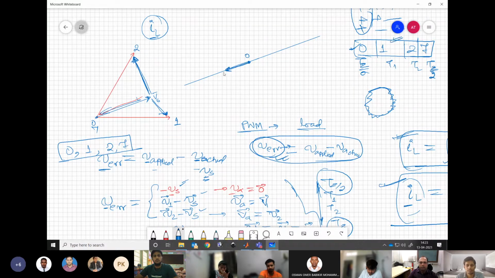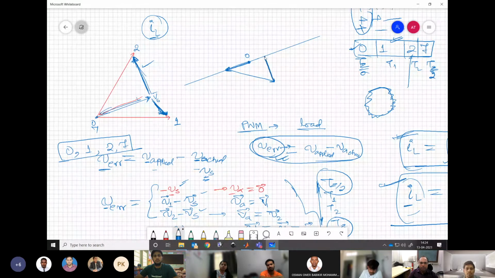Then we are applying V1, the vector 1. So error is this. Now our current vector will be extending along this line, this error line, so it will be a fraction of that line. Again, when we apply 2, the error is this. So the current error is going to be a fraction of this line, but parallel to this.